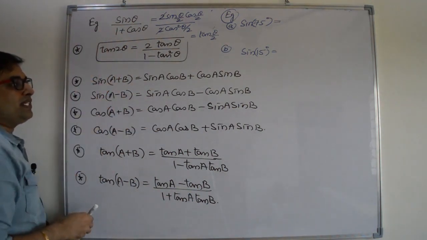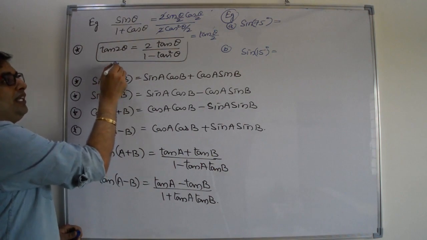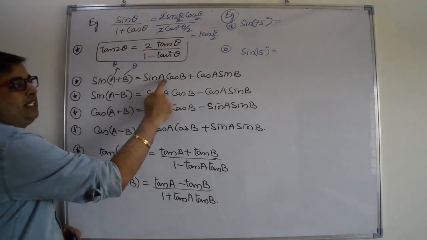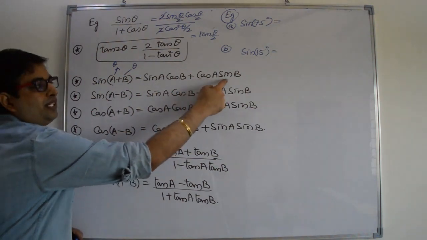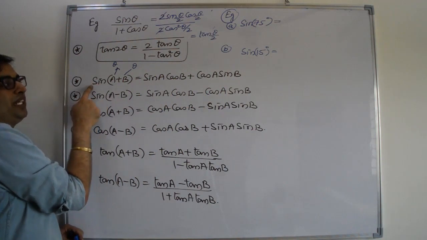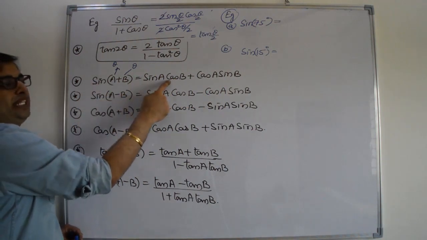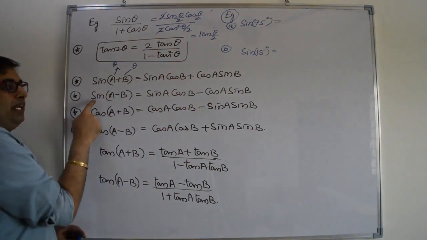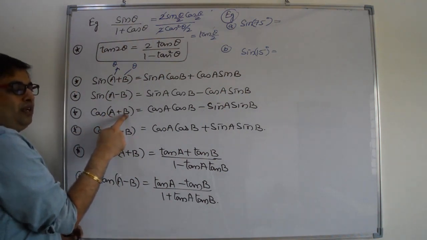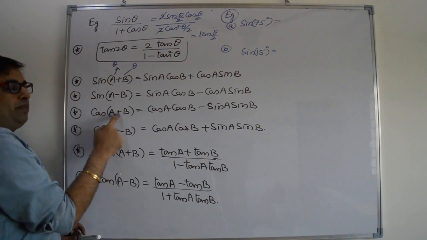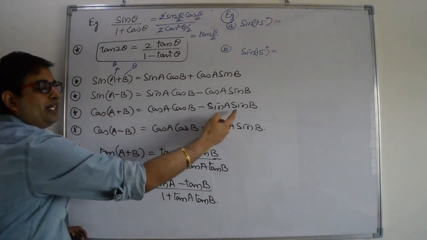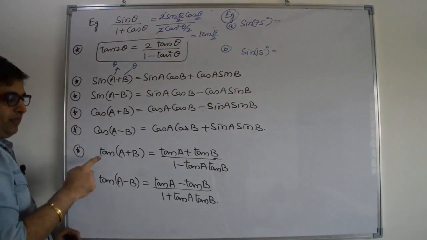If you replace A with theta and B with theta, if A and B are equal, then what will you get? Sin theta cos theta plus sin theta cos theta, so it becomes 2 sin theta cos theta. So sin 2 theta becomes 2 sin theta cos theta. Similarly, for cos, if you replace A and B with theta, cos 2 theta becomes cos square theta minus sin square theta, so you get the previous formulas.